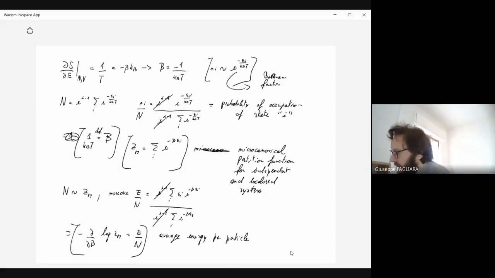So this is one quantity, but also the entropy can now be computed starting from the canonical partition function.